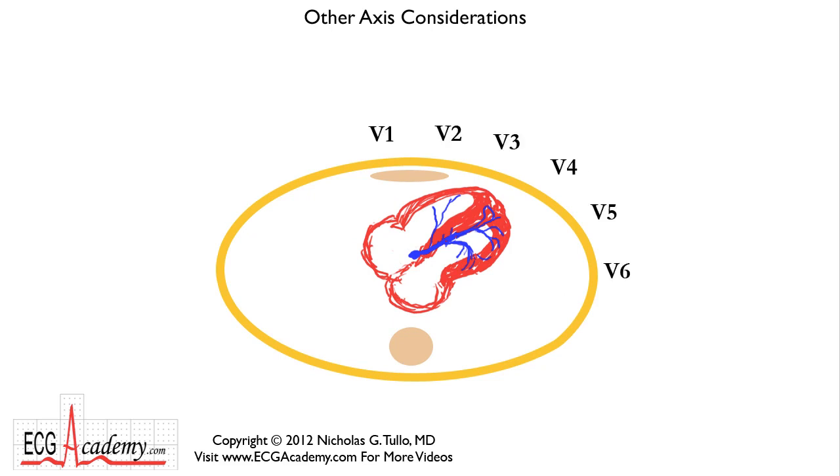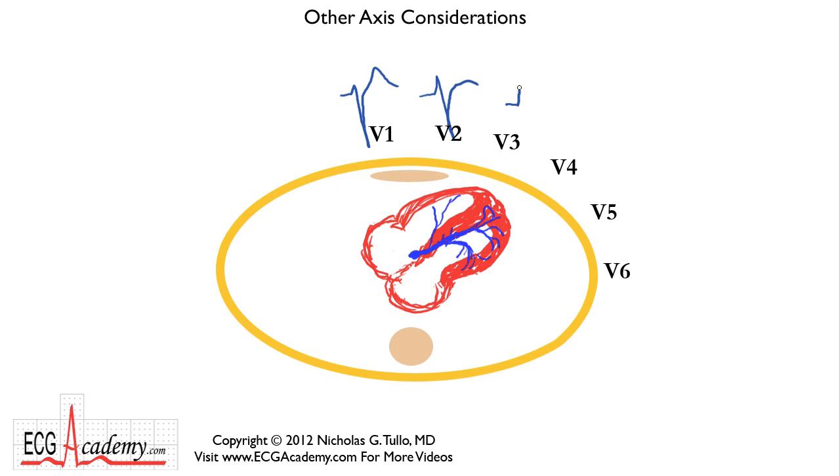And if we put our precordial leads in here, with V1 being on the right side of the sternum, V2 on the left, and so forth, until you get to your mid-axillary line, you can see it's the same idea except just upside down. Now, the normal precordial progression has V1 with perhaps a little R wave and a very deep S wave, and V2 with somewhat of a larger R wave.